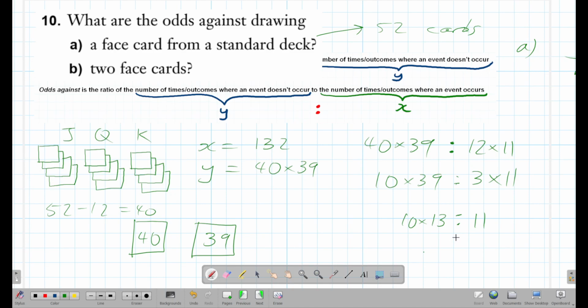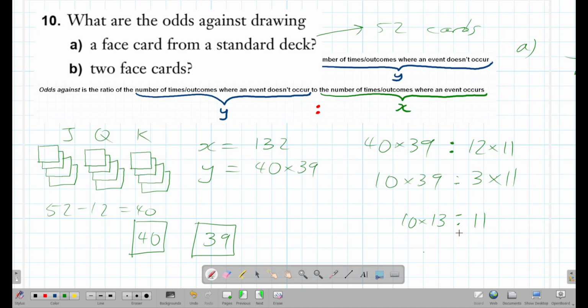What the heck is going on? Wait a minute. 40 times 39, 11. Did I simplify this wrong? I might have.